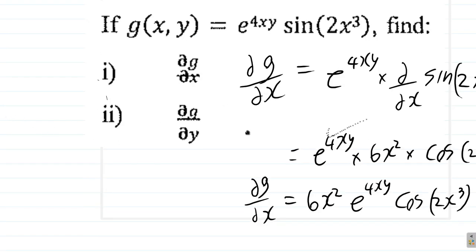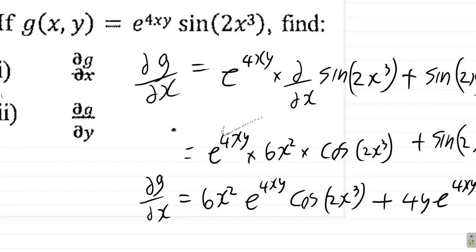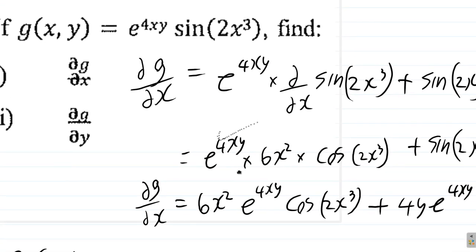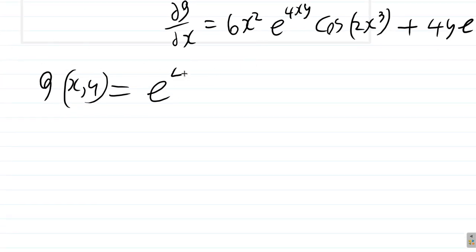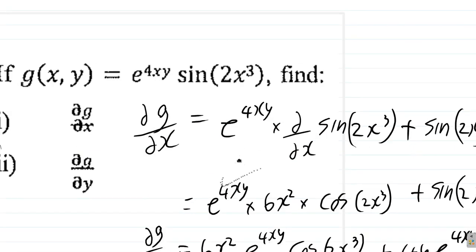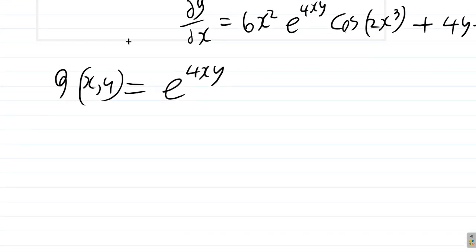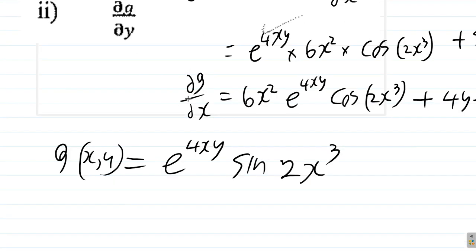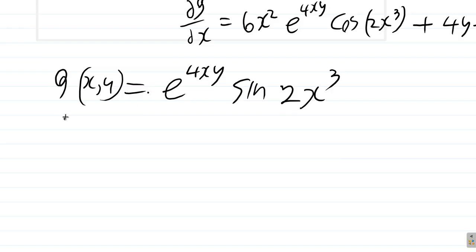Let's rewrite everything down here. g of xy equals e to the 4xy sine 2x cubed. I want partial g by partial y.